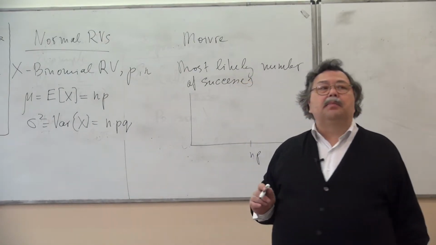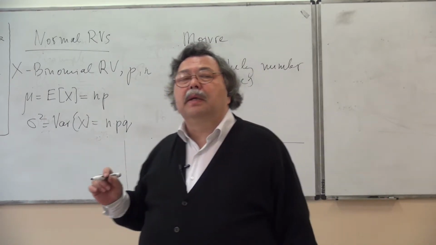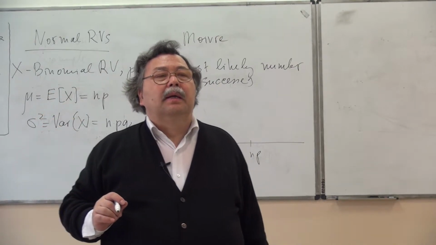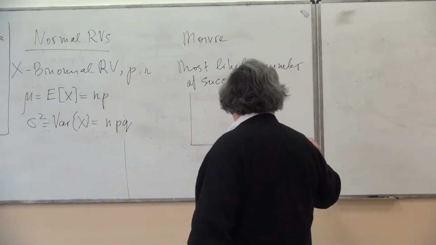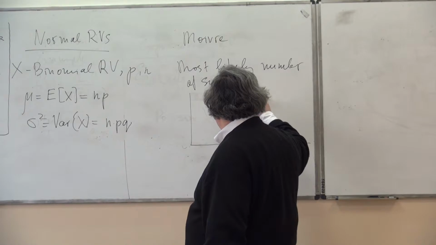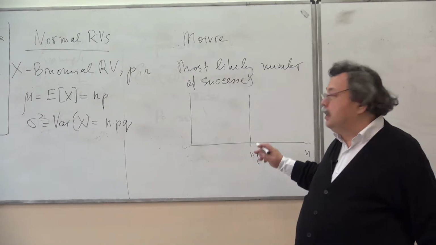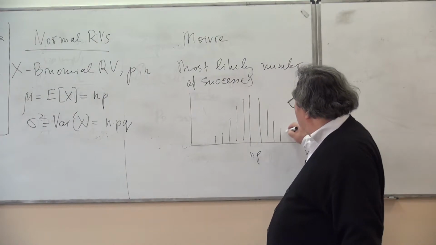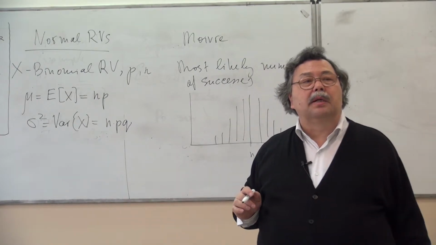Well, let's draw this graph. We represent the probability of every possible value of this random variable by a vertical bar or line. So, if n times p is an integer, then it's one of the possible values. Then this is the highest bar in this diagram.